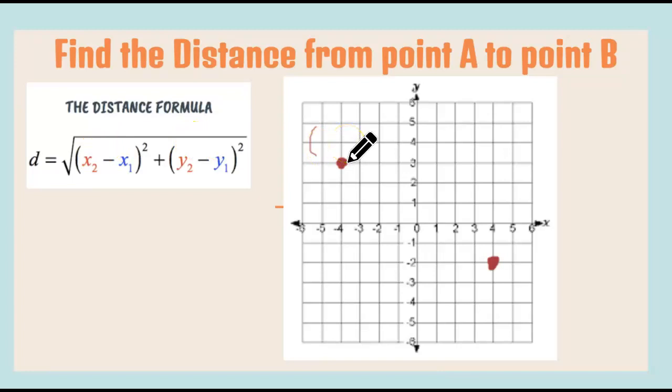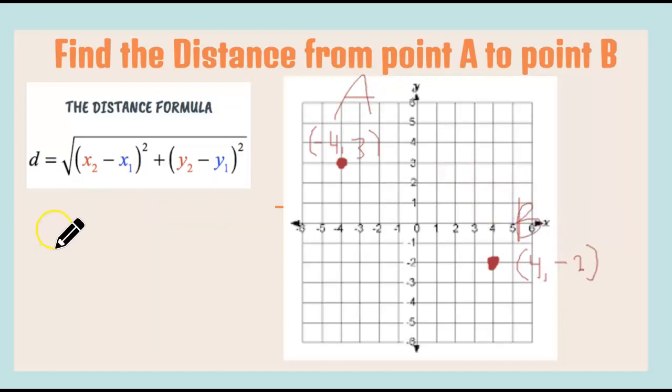This point is -4 because we do x first, and then the y is 3. And then this is 4, also 4, and the y is -2. We're going to use these coordinates to solve the distance between point A and point B.